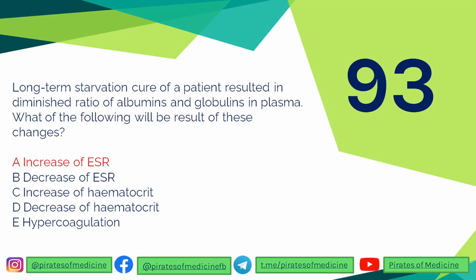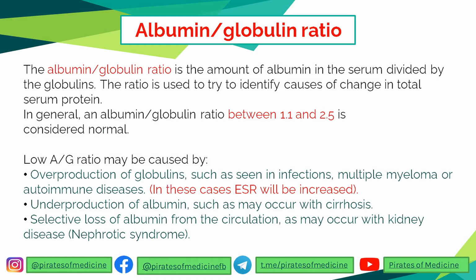So that is why here the patient was for a long time not taking food, correct? Starvation, protein was not taken in. So this led to a diminished ratio of albumin, because albumin was not synthesized in the liver. So underproduction of albumin, and a diminished albumin globulin ratio always leads to an increase of ESR, correct?